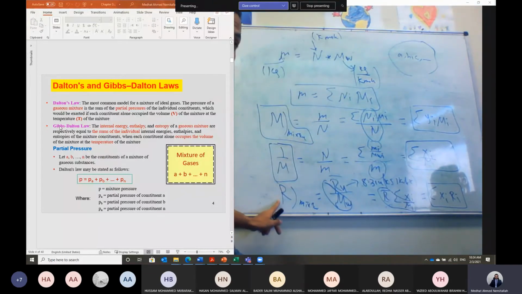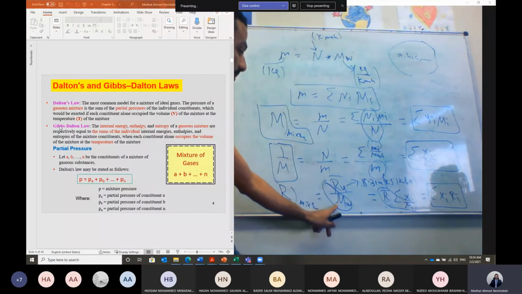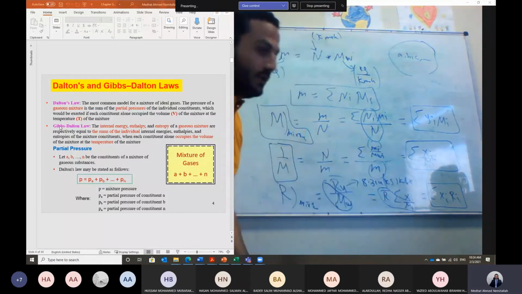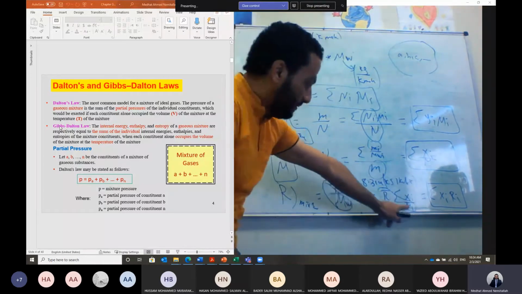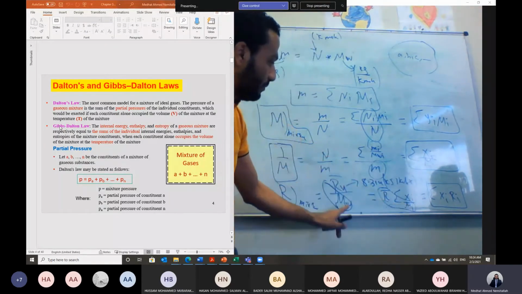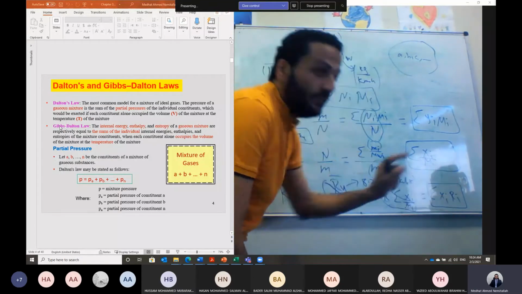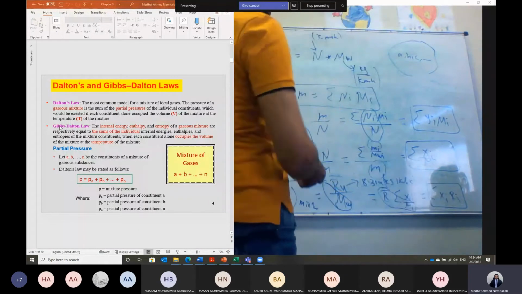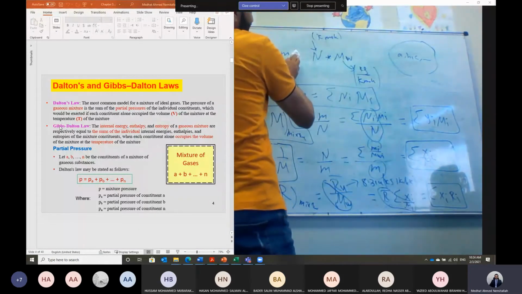The gas constant for the mixture will equal R bar divided by the molecular weight. 1 over the molecular weight is equal to the summation of Xi over Mi. But we have R bar divided by Mi, R bar over M, that should equal the gas constant for each component R. That means the gas constant of the mixture should equal the summation of the mass fraction multiplied by the gas constant for each component. Is that clear?